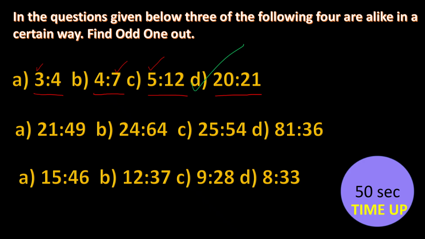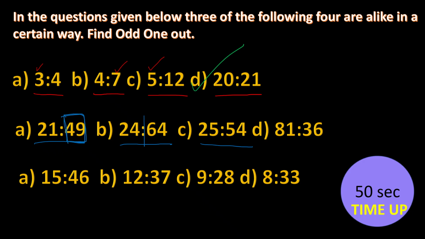Next one, 21 is to 49. We have 24 is to 64. So what you can observe from this? In each three options here present, 21 is to 49, 24 is to 64, 25 is to 54 also if you take, only one number is a square number, correct?